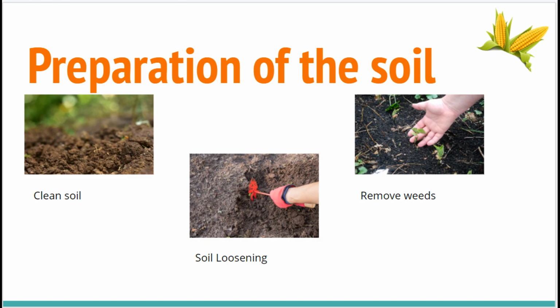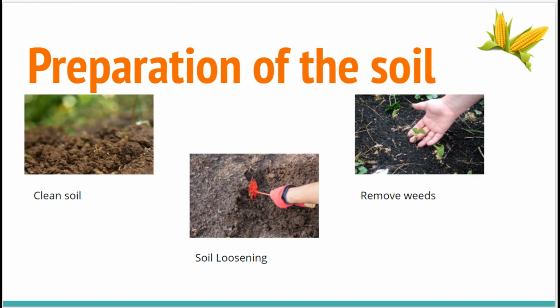The soil is loosened because loosened soil contains a huge amount of gases which are necessary for plant growth. Then the roots can grow deeper and deeper if the soil is loosened properly. This is another reason.